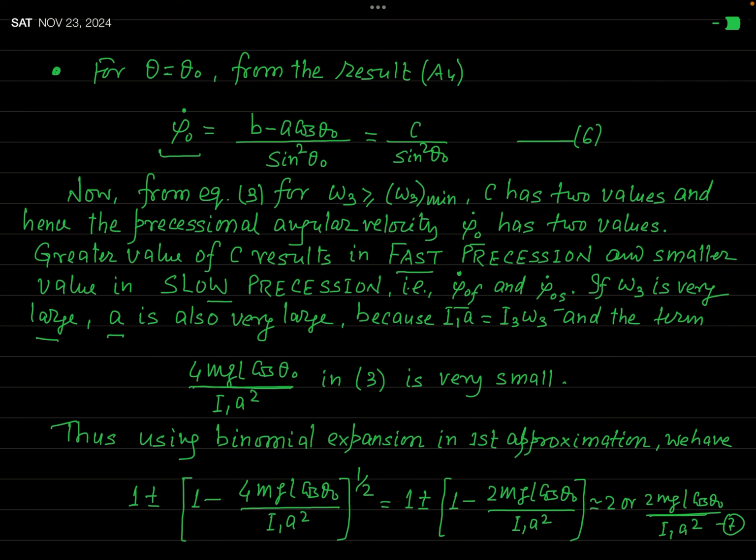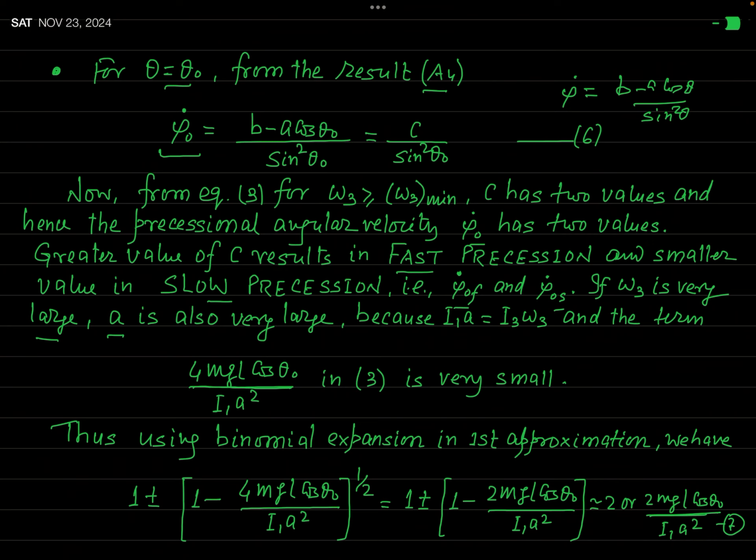Actually, in the first part of the lecture you have seen the result A4 where phi dot was defined. Phi dot is equal to B minus A cos theta divided by sine square theta.